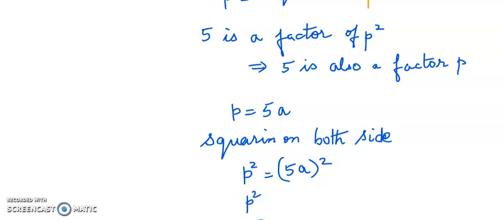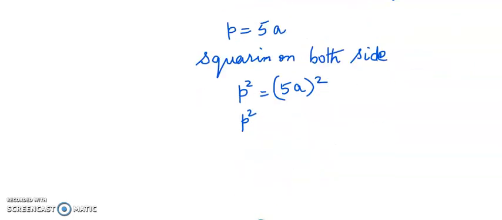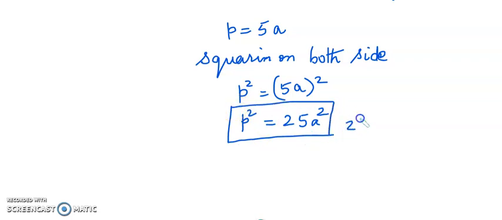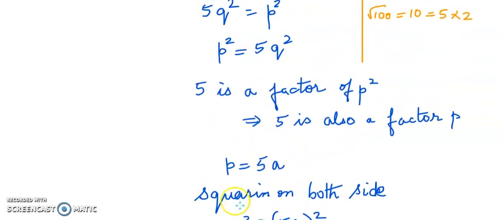So we get p square equals 25a square. Just above we got p square as 5 q square. So let's give them numbers. This will be equation 2, and the above equation, p square equals 5 q square, we are going to number as 1.